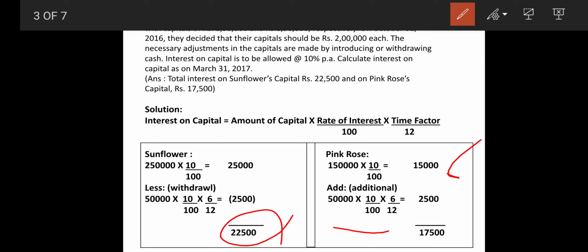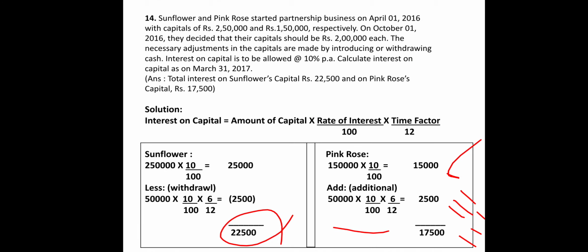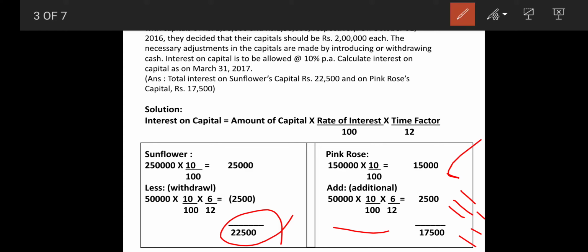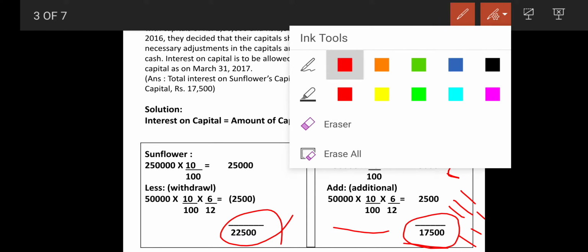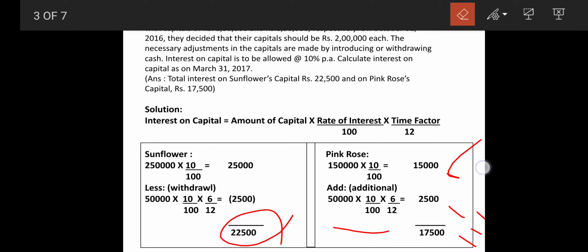The same calculation, October, November, December, January, February, March. So this way final conclusion we will get is 17,500. So both the answers will come this way. Have a look on this first.